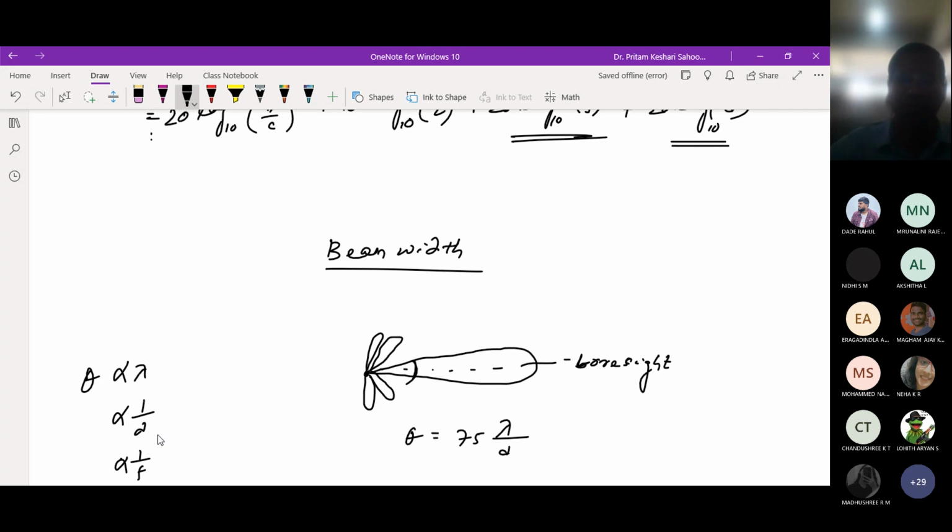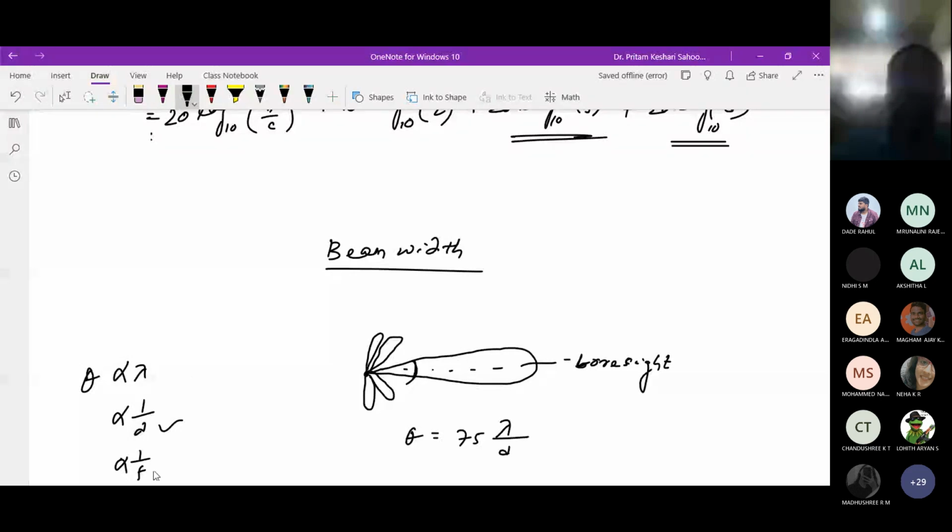So what we have come across here is that if we take an antenna with a large diameter, then theta will be less. And if we take a large frequency, then theta will also be less.